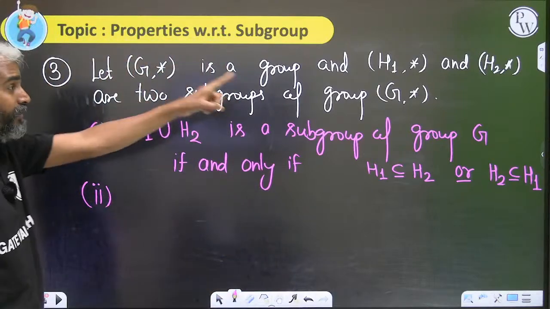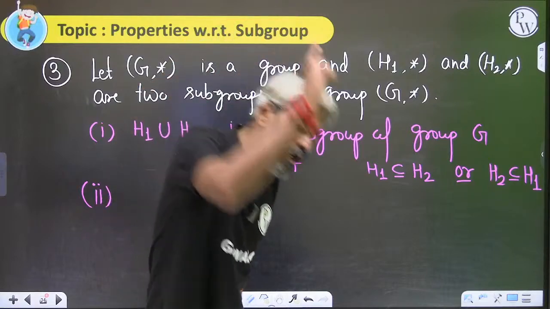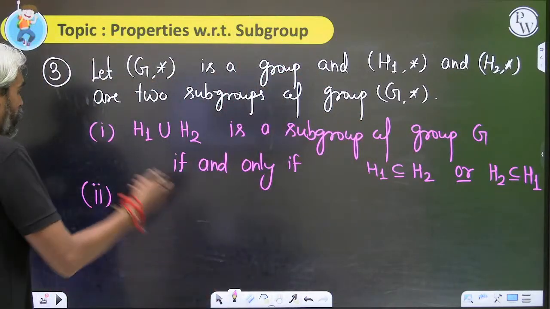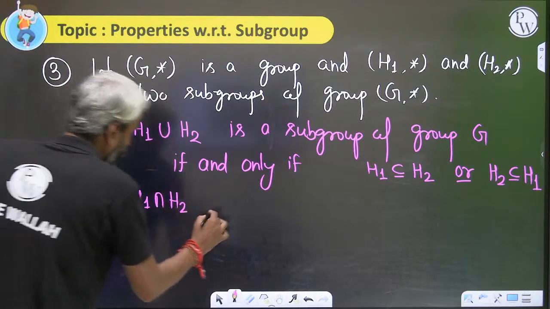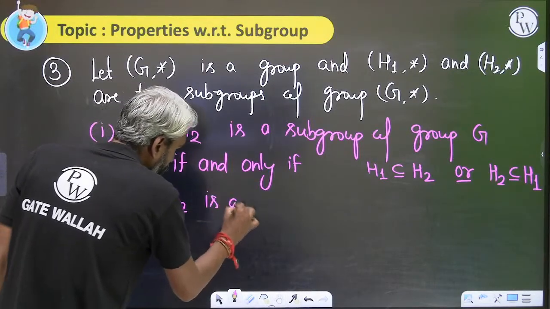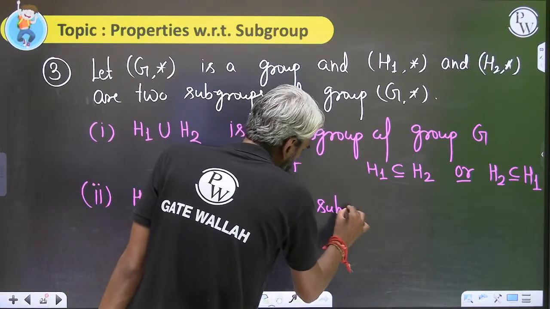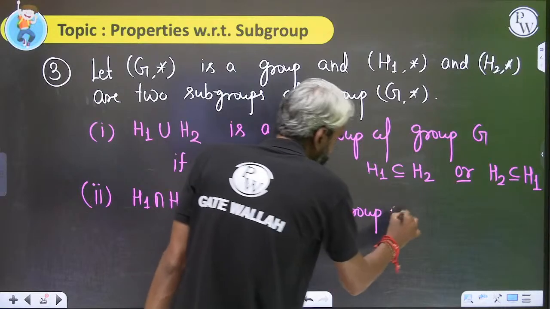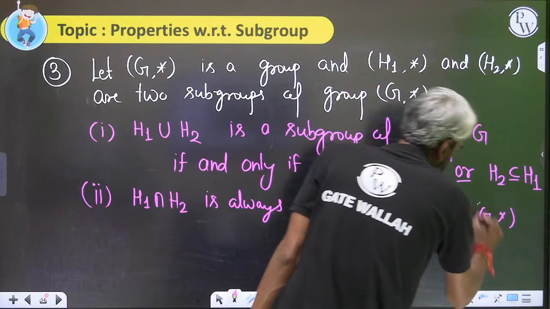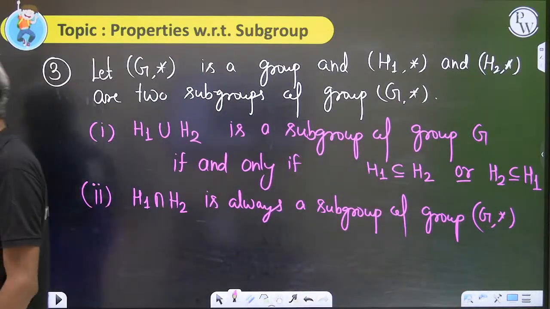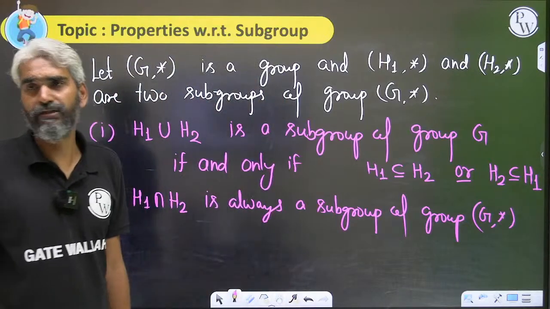If H1 and H2 are two subgroups of group G, then H1 intersection H2 is always a subgroup of group G. We can simply prove this property, but as of now we don't need to go into that much detail.